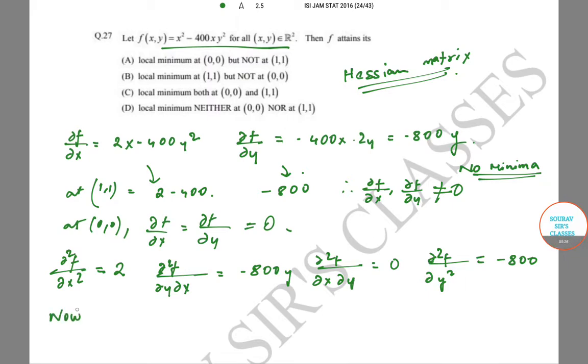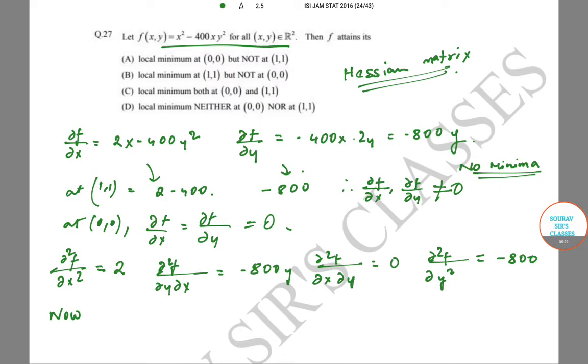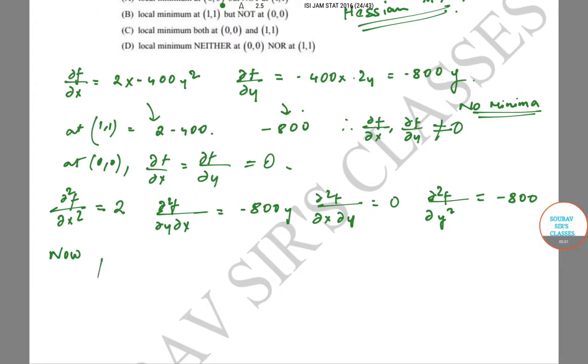Now we have to compute the Hessian matrix. As I already said, Hessian at 0, 0 is dou squared f dou x squared, which is 2, dou squared f dou y dou x, which is 0 because minus 800y is 0, dou squared f dou x dou y is equal to 0, and this is equal to minus 800.